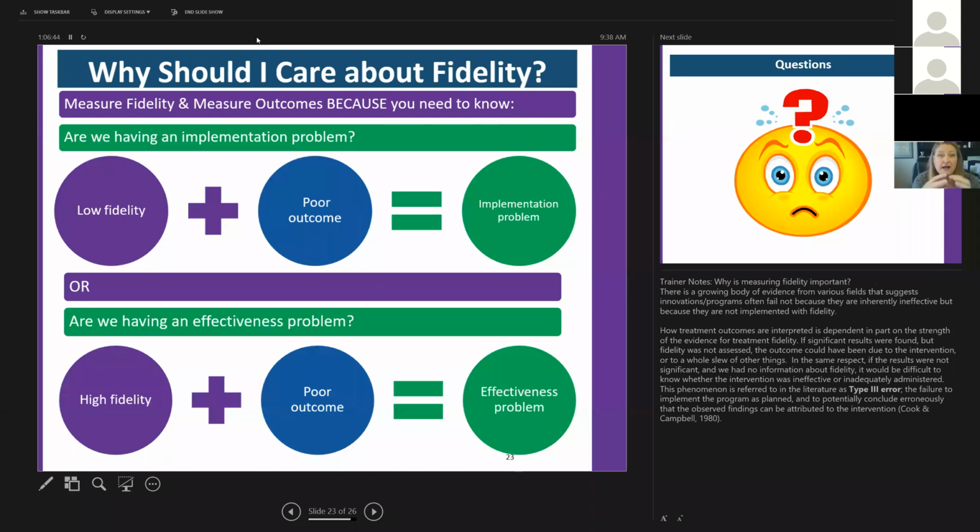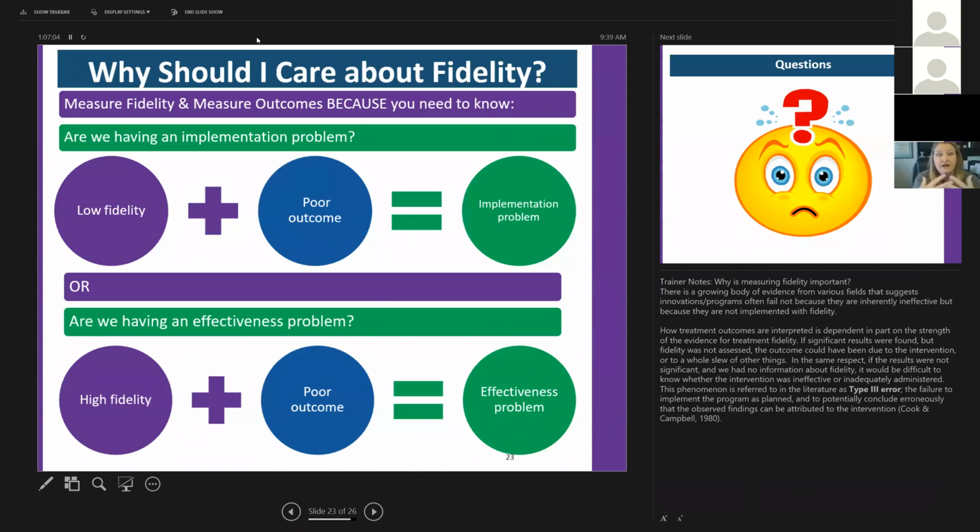But you can't answer this question unless you're monitoring for both of those things. Oftentimes we'll come in and see problems with outcomes, and what we've got to have is those two pieces of the puzzle. Oftentimes we don't.